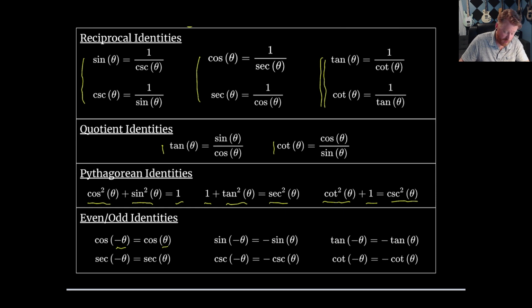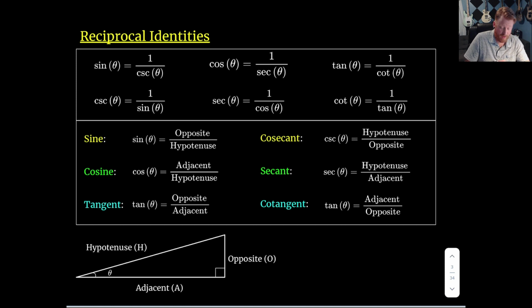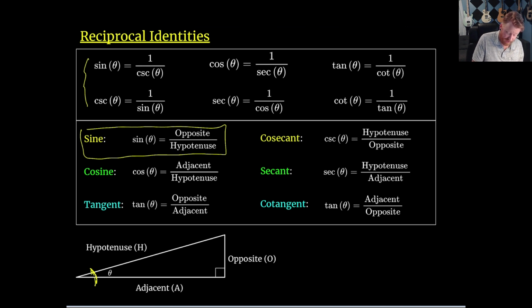Each individual one, like I said, we'll start with the reciprocal identities. So what we have here is that the sine of theta and the cosecant of theta are reciprocals of each other. So we'll start with these guys here. And if you think back to when we talked about right triangle trig, we had all of these relationships here, and this is just quite literally how we defined all of these trigonometric functions using a right triangle. So if I have some angle theta down here, we just said, okay, the sine is the opposite over the hypotenuse.